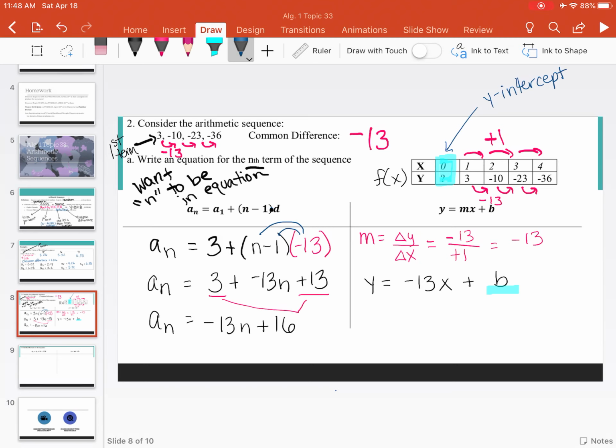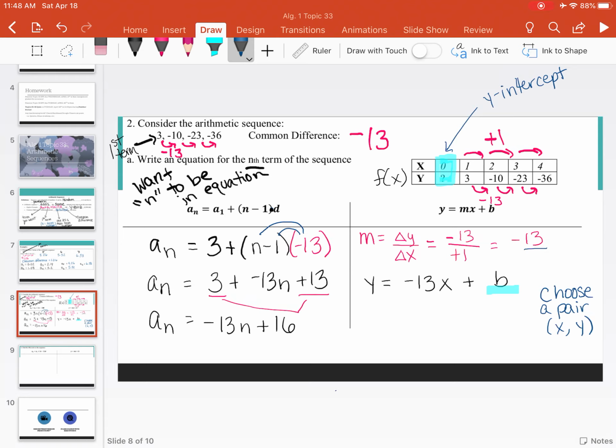So how would we do this normally if we were just figuring out linear equations? Well, if we have our slope of negative 13, then what we do with our table is we would choose a pair of x and y. Now you could choose any pair. Think about this.